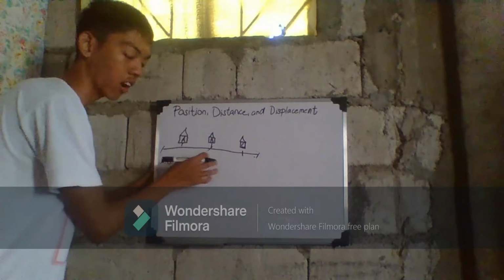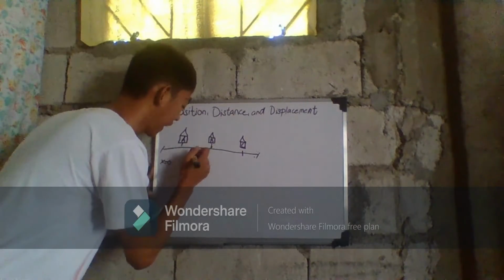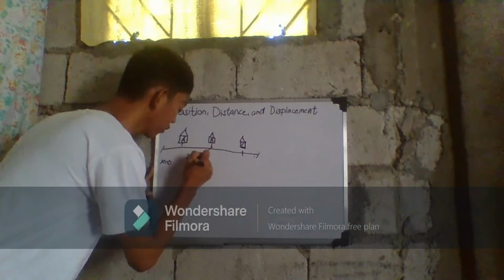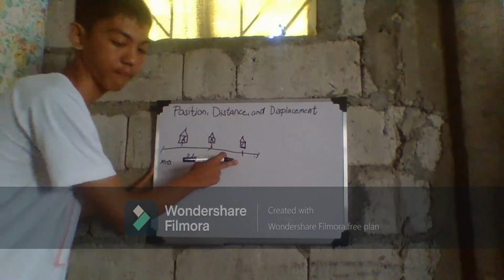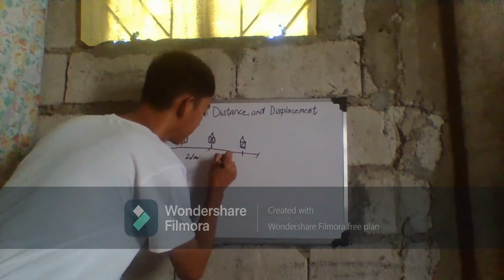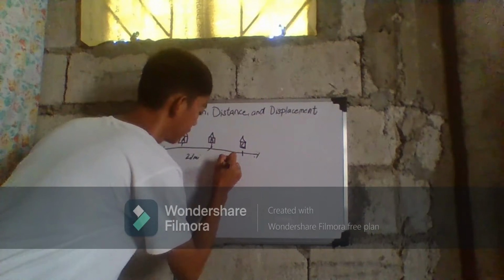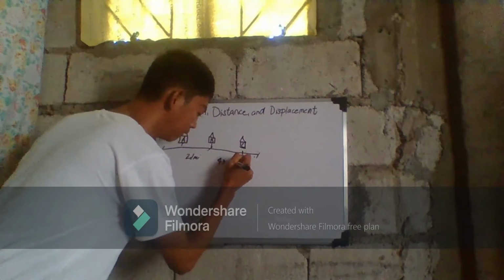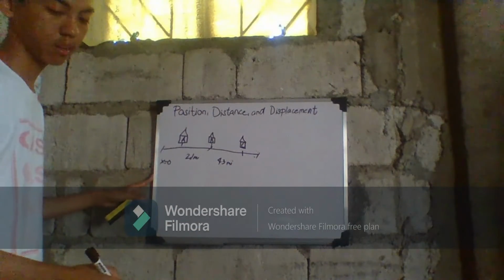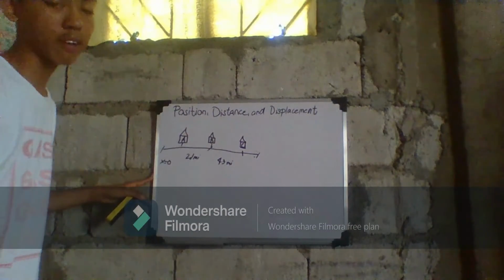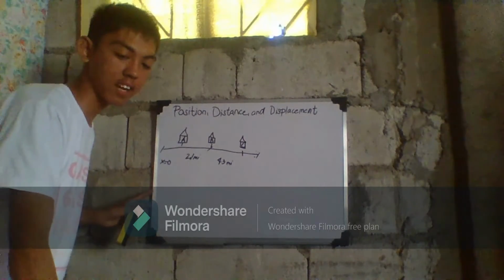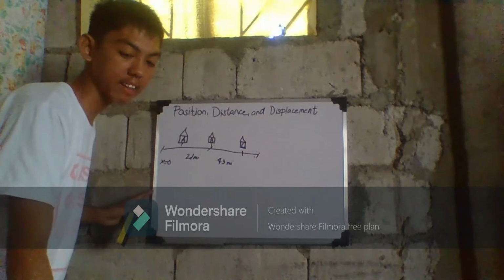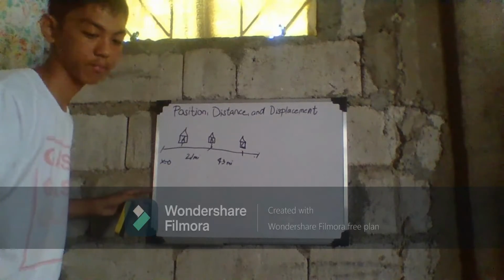From house A to house B, we have 2.1 miles. Then from house B to house C, we have 4.3 miles. So, in letter A, is the displacement for this trip negative, positive, or zero?